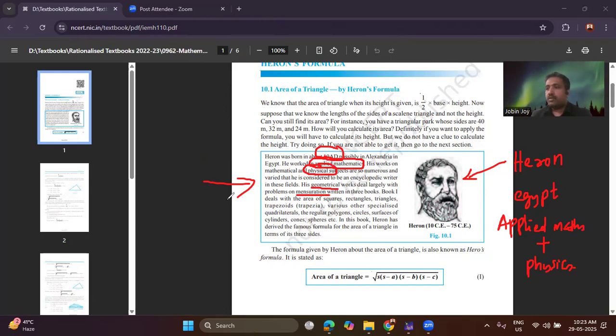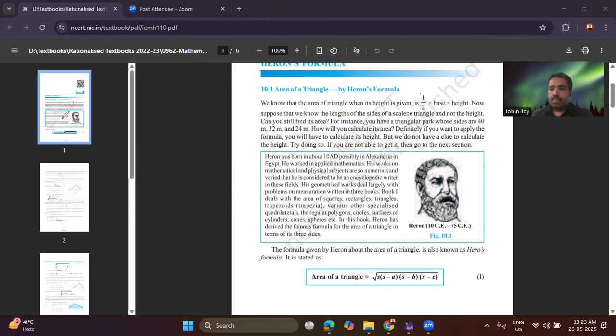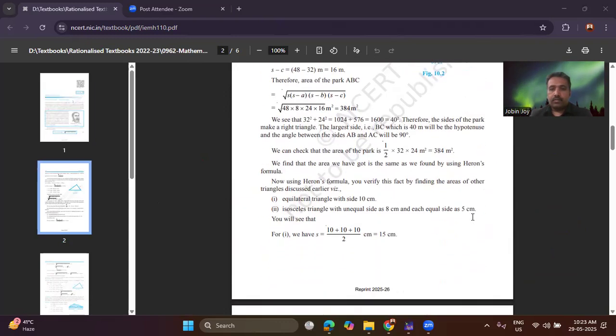This equation is useful when the height is not known. Okay, so we can see some examples.